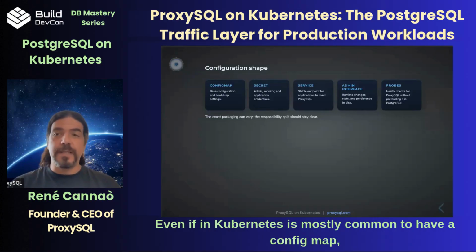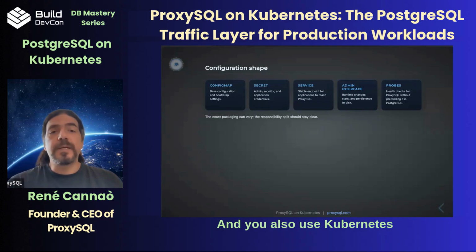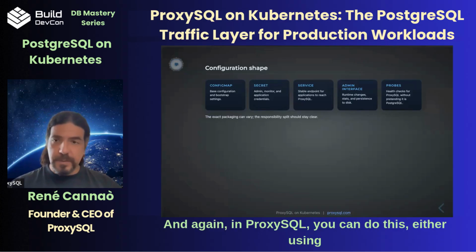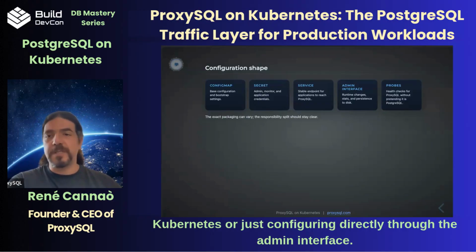Even if in Kubernetes it is most common to have a config map, ProxySQL can use that as well. You also use Kubernetes to manage all the secrets and the services. And again, in ProxySQL you can do this either using the config map and the services of Kubernetes or just configuring directly through the admin interface.